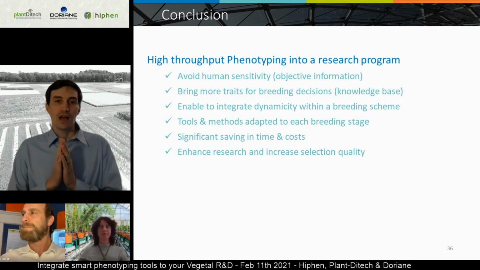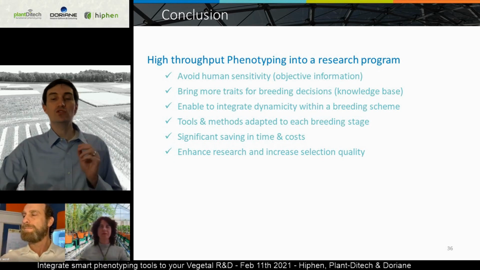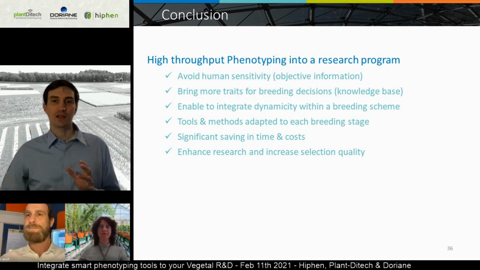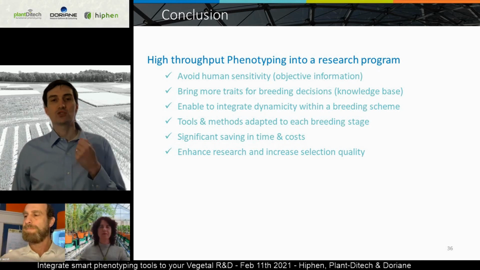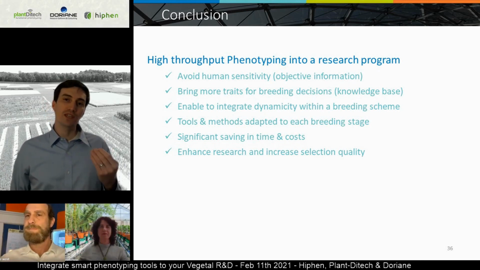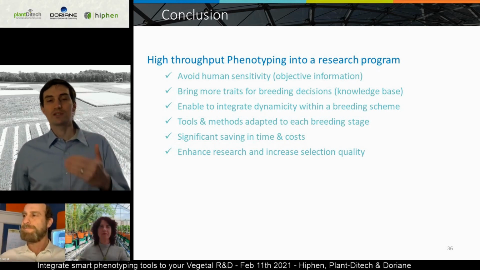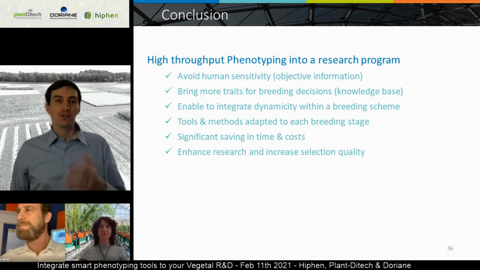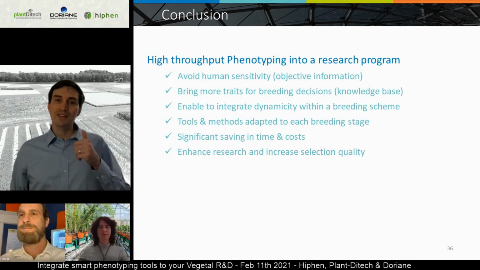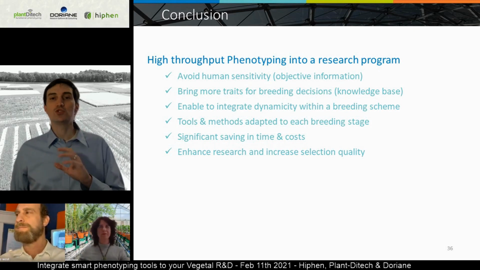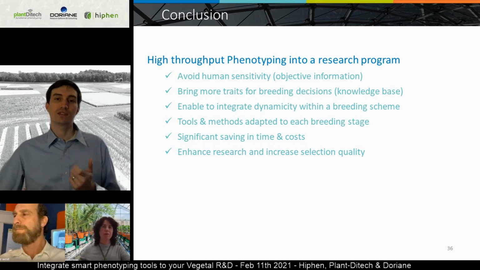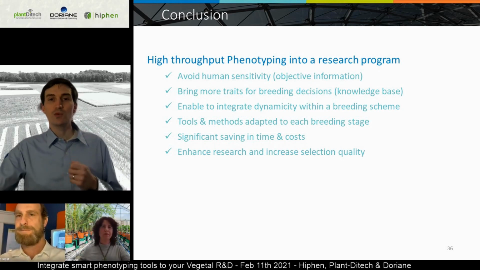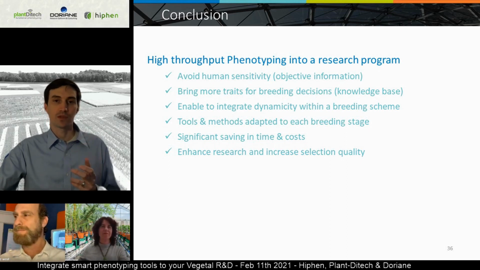And to conclude, high-throughput phenotyping brings new traits to characterize the material and gives more information to the plant breeder from the nursery screening stages to product performance evaluation. The main benefits are to get objective information without human interpretation, to bring more traits for breeding decisions, and to integrate dynamicity within the breeding scheme.